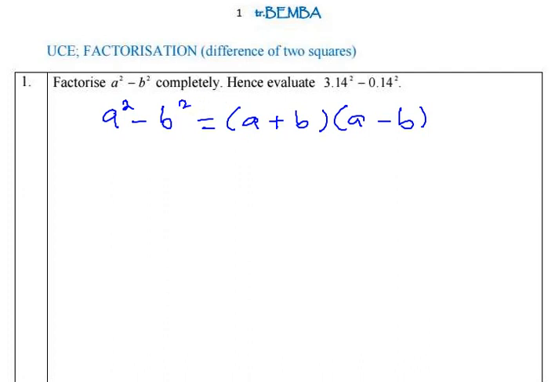And that's why we call it a difference of two squares. We use it only when we have a number squared, take away another number squared. So by writing down this, we have already finished the first part, which says factorize this completely. We have factorized it, and then we can move to the hence part.